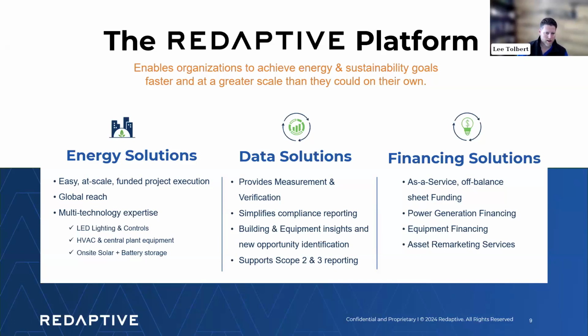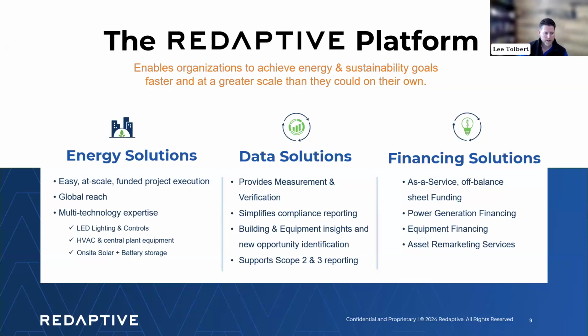So the three areas that Redaptive really focuses on are energy solutions, which is energy as a service, if you will. So that's at scale funded project execution. So that incorporates the capital notion.